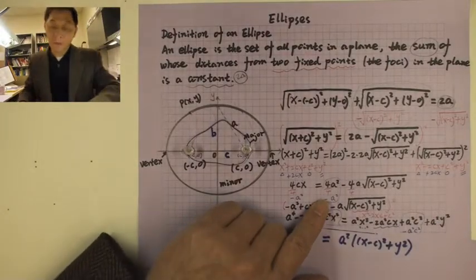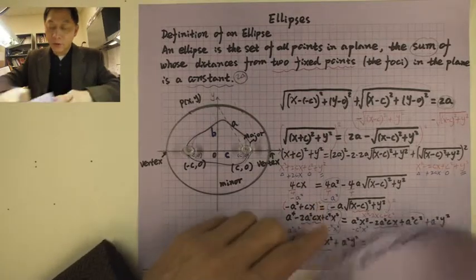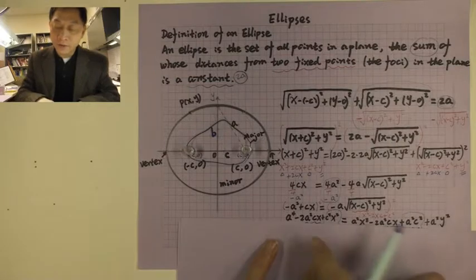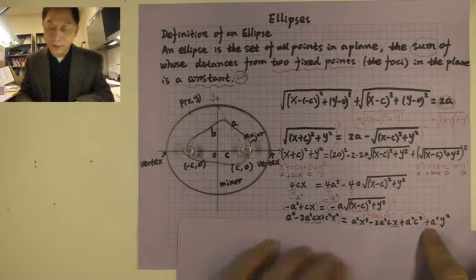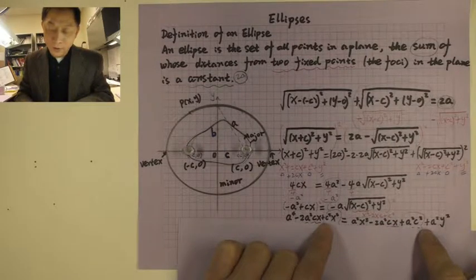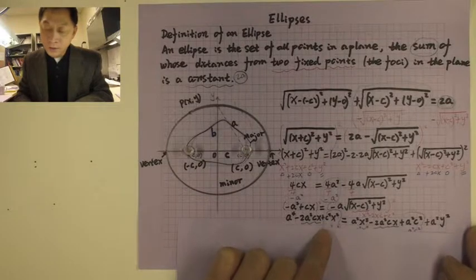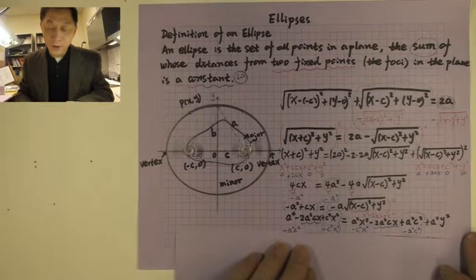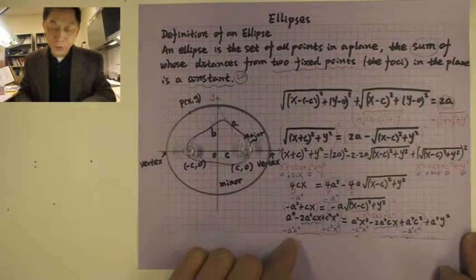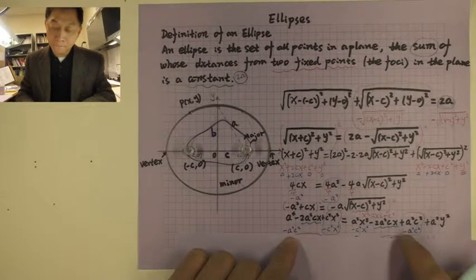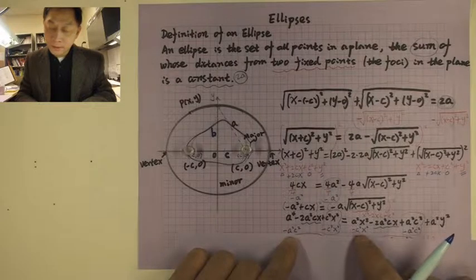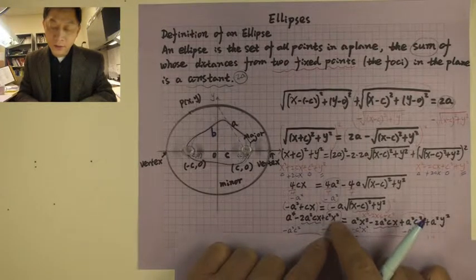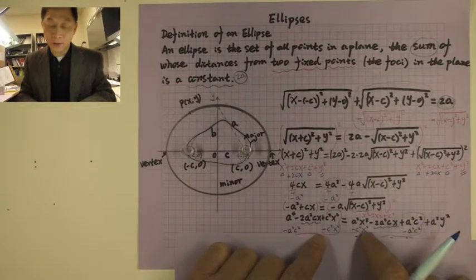Okay, great. Now we are here. Left hand side, right hand side. Now let's look. What I like to do down here is move c squared x squared to the right.